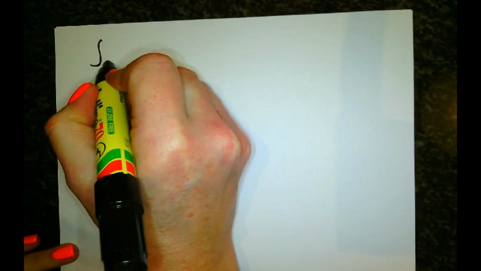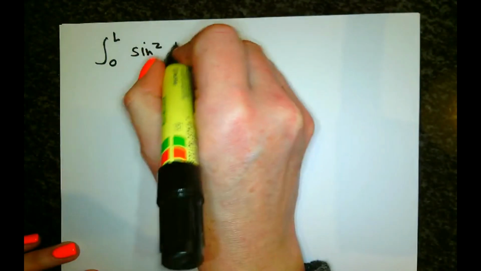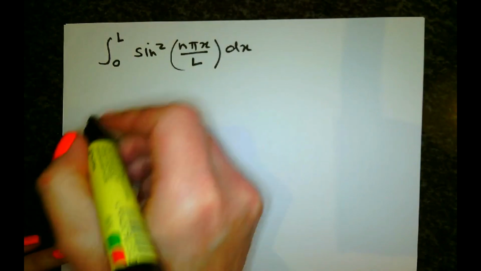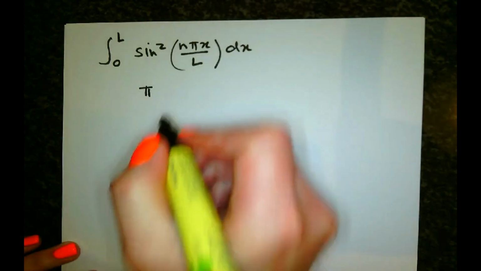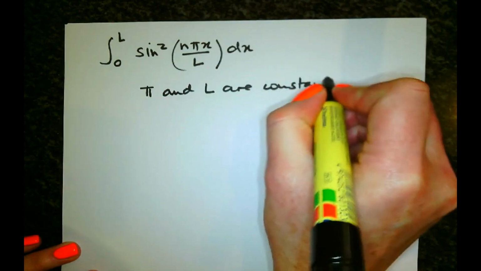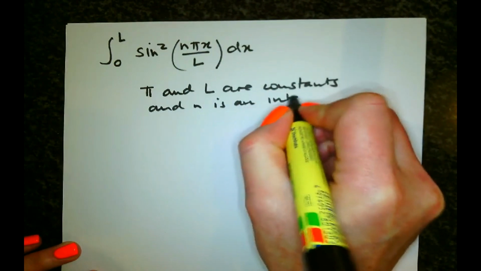Okay, so let's have a look at a slightly more complex integral. We're going to integrate between the limits 0 and L, where L is just an arbitrary constant, the square of the sine function, n pi x over L dx. And I tell you that obviously pi is a constant and L is a constant and n is an integer.